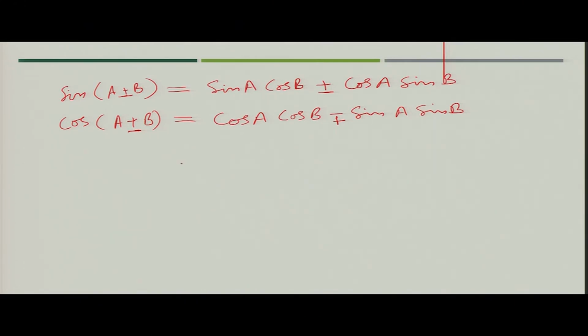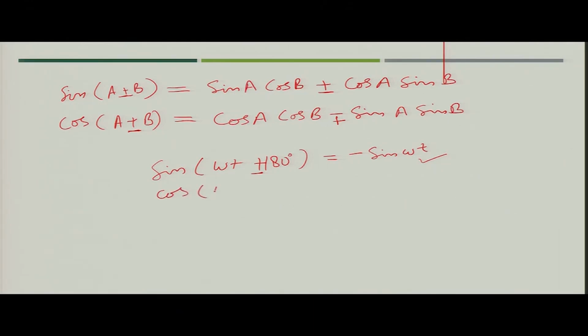What are these values? One is sin(omega t plus 180 degrees). What is the value of sin(omega t plus 180 degrees)? That is minus sin omega t. Similarly, if you are asked to find the value of sin(omega t minus 180 degrees), the output will remain the same, that is minus sin omega t.